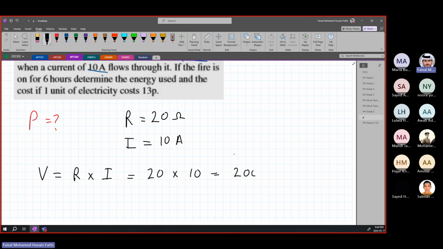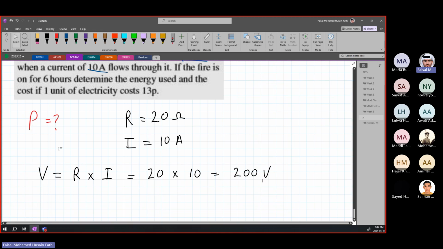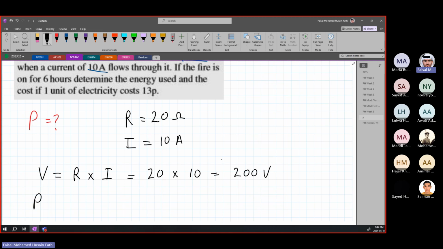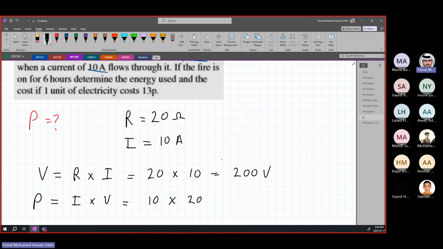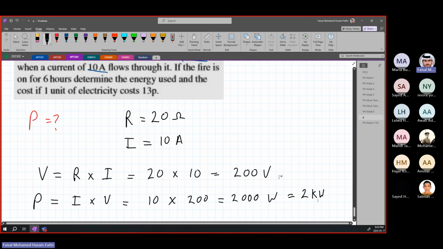So this is going to be 200 volts. So we found our voltage. Now to find power, it is current times voltage, which is 10 times 200. So it is 2000 watts, or you can say 2 kilowatts. 1 kilowatt is 1000 watts, so 2000 watts is 2 kilowatts.